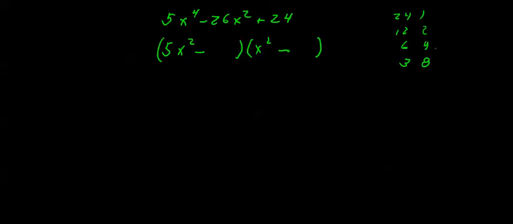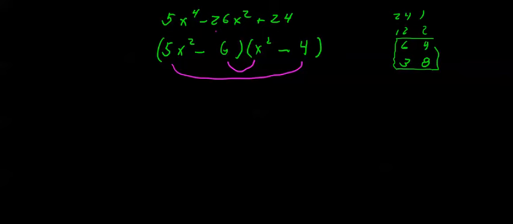And then we have to decide. I'm going to start with 6 and the 4 or 8 and the 3. I see that if I have 4 here and the 6 here, it does in fact work. I end up with negative 6x squared minus 20x squared is negative 26x squared.